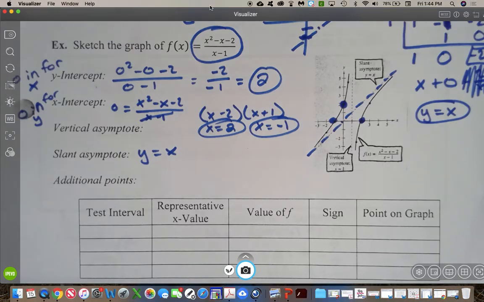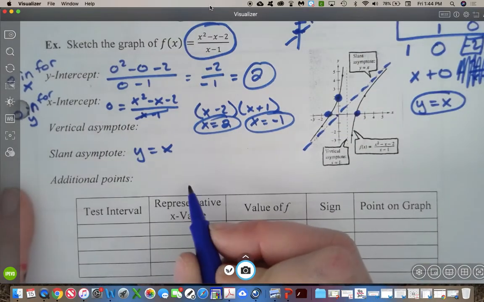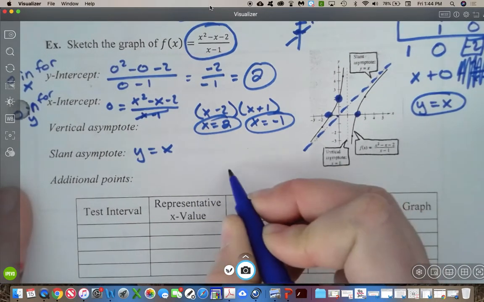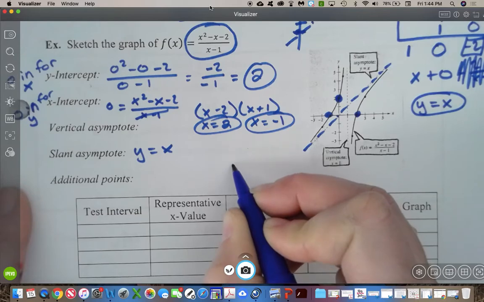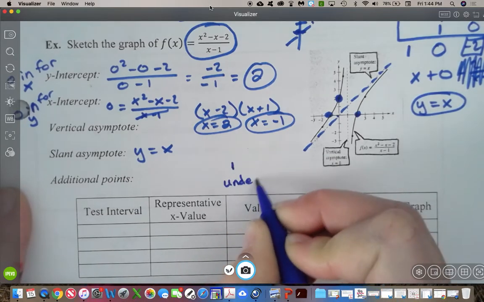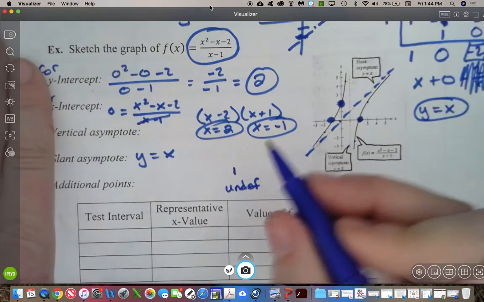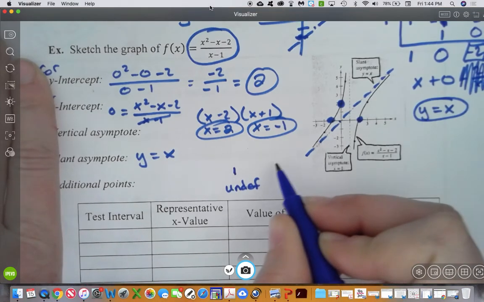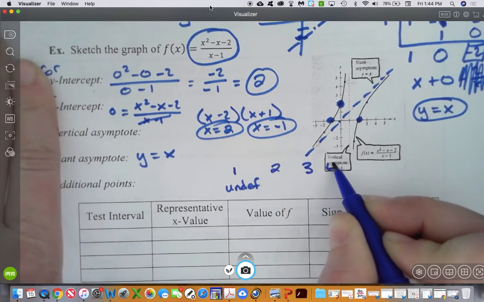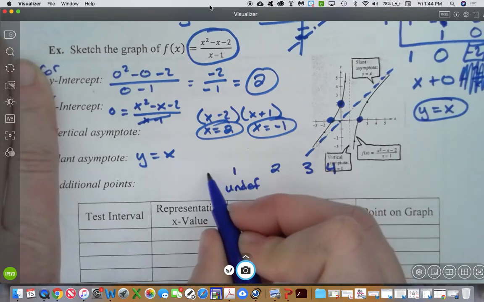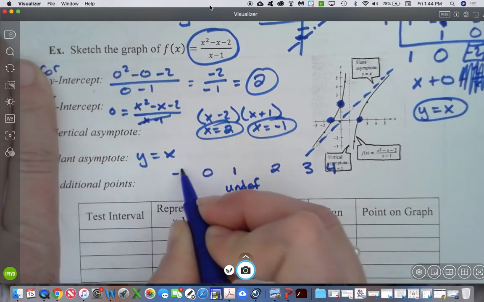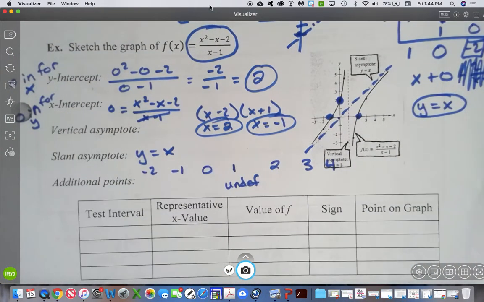I do know that if I plug 1 in, it's undefined. So it wouldn't be a bad idea to plug 2 in, and 3 in, and 4 in, and 0 in, and -1 in, and -2 in, right? Why? Just so that we have some additional points and we know what it looks like.